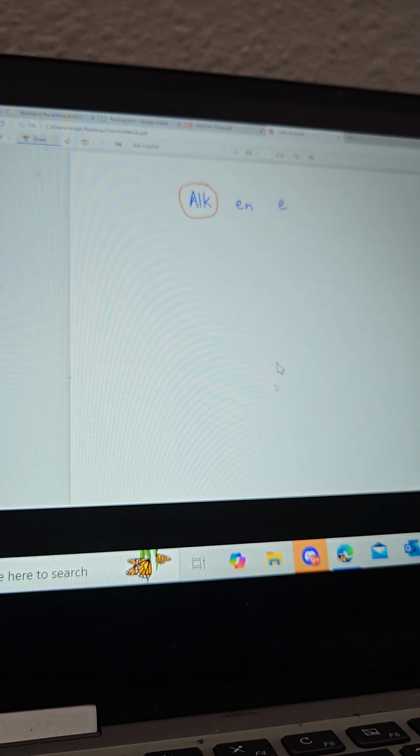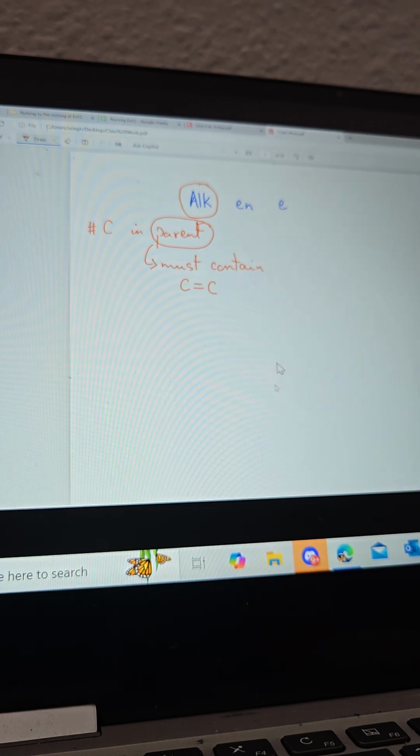Once again, just a quick reminder: the portion alk gives us the number of carbons in the parent, and the parent for an alkene must contain the double bond. So it is the longest carbon chain that contains the double bond.